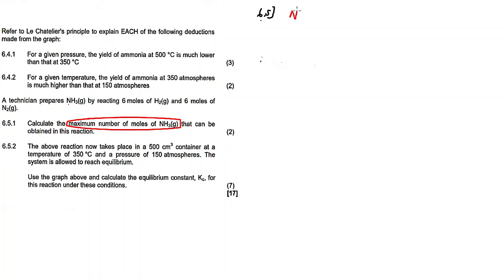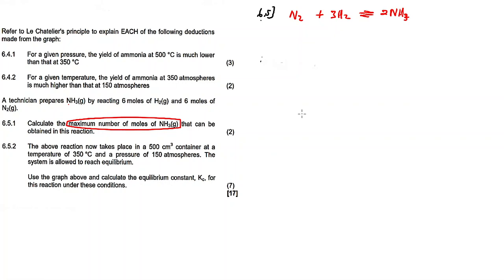I think I'll write the equation again. All right, N2 + 3H2 gives 2NH3.